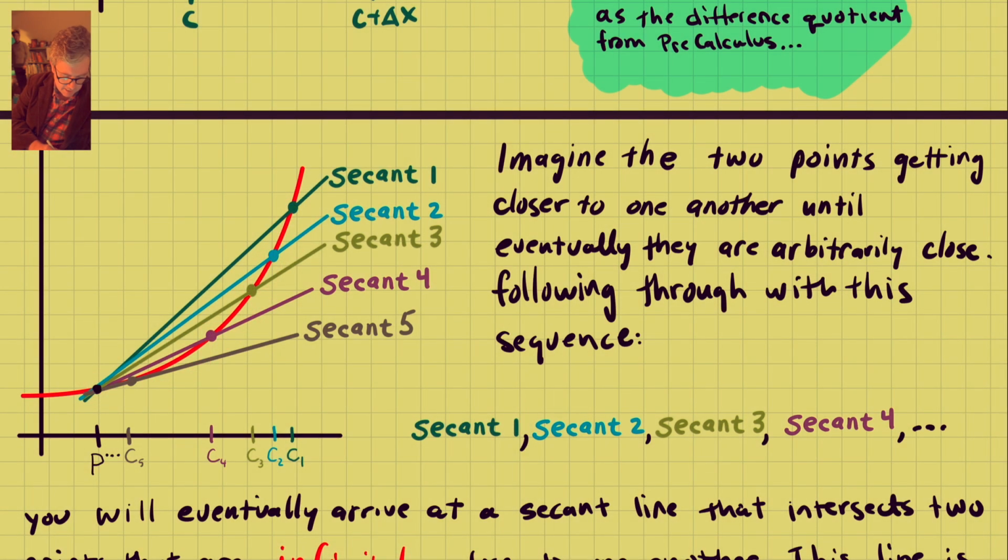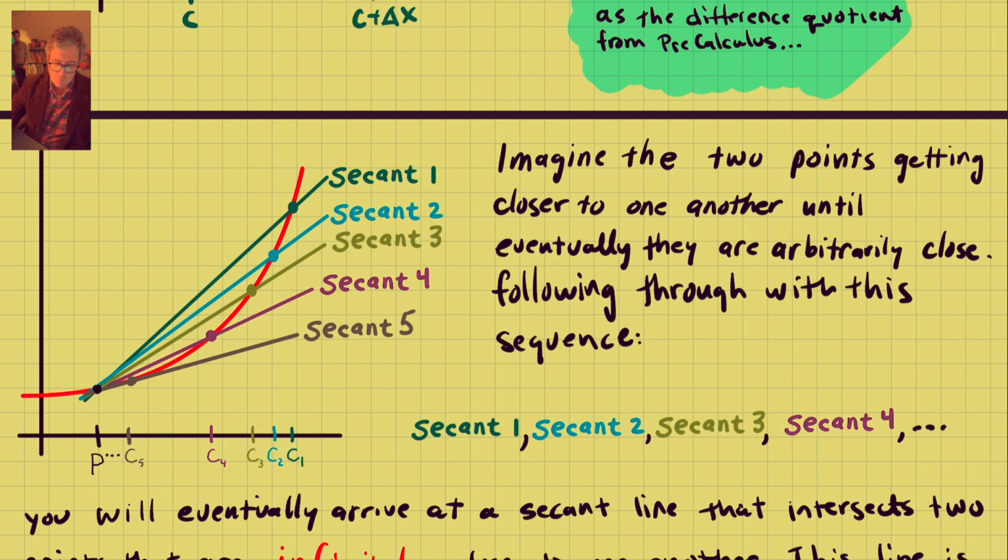And all the while I'm doing that, the secant line is going to change. It goes from being this dark green line to being this blue line, to being this light green line, and then this purple line, and then this gray line. It's going to continue to go through these changes as I move the second point of intersection closer and closer to this first point of intersection.